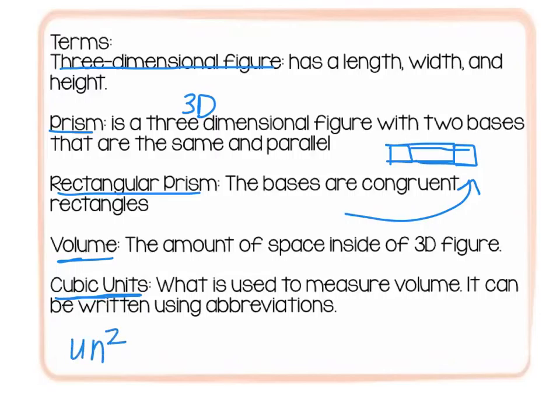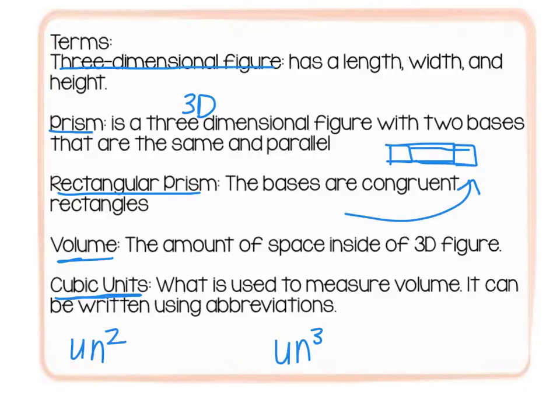But for volume, we cube it, which is a 3. So you would say the units are cubed or cubic units. Those are the two ways that you could say that. Like I said before, you have these terms, so get them in your notebooks. If you need to pause the video, go ahead and do that so you can get your terms down.